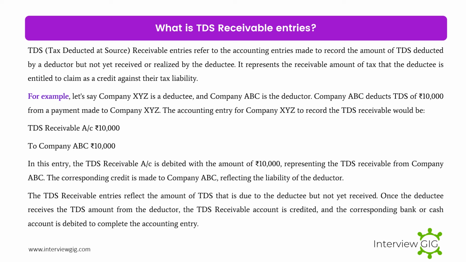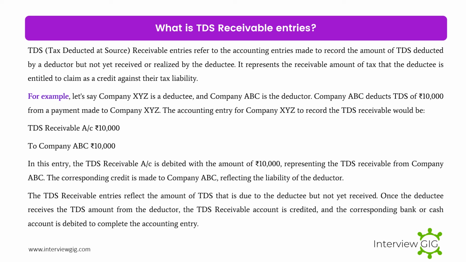The accounting entry for company XYZ to record the TDS receivable would be TDS Receivable A/c 10,000 to company ABC 10,000. In this entry, the TDS Receivable A/c is debited with the amount of 10,000 representing the TDS receivable from company ABC.